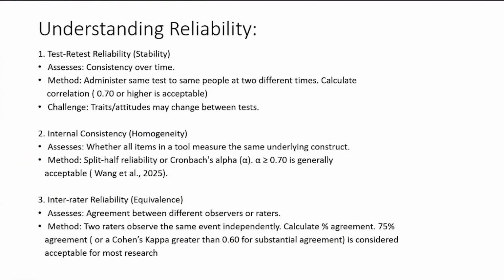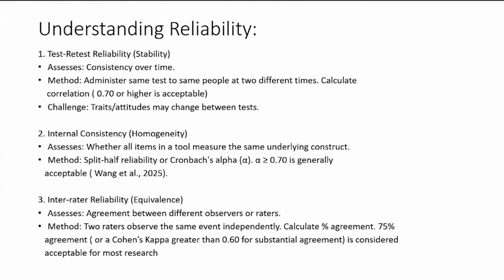Internal consistency will ensure that all the items within measure the same thing. Internal consistency is just talking about how consistent the items within your instrument for data collection are. Are they consistent over time?